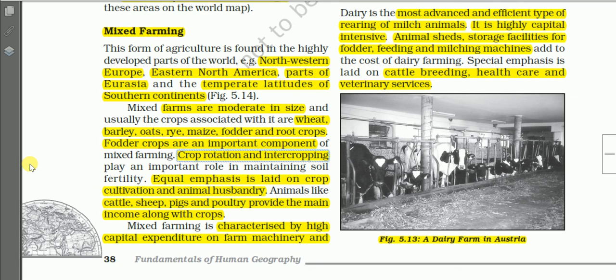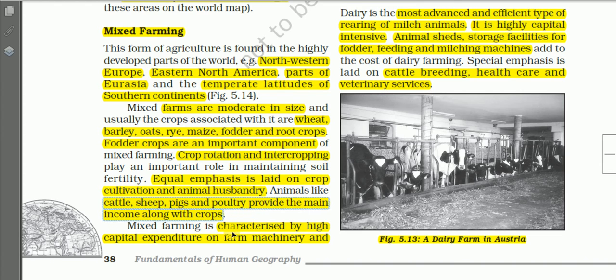Another important feature is that equal emphasis is laid on crop cultivation and animal husbandry, that is rearing of animals. That is why the name mixed farming is given. Animals like cattle, sheep, pigs, and poultry provide the main income along with the crops.